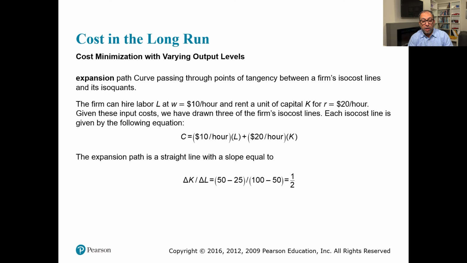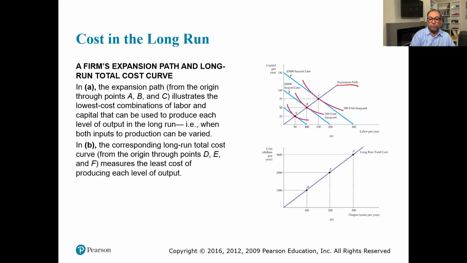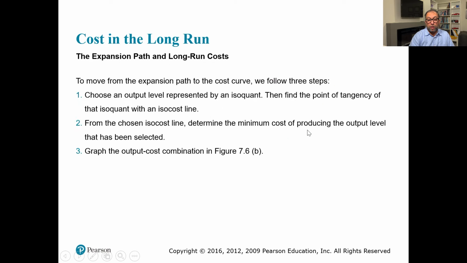So we can say delta K over delta L is 50 minus 25, and the expansion path is a straight line with a slope equal to half. That's the slope of the expansion path you see here. When we move from this point, 25 and 50, to this point, 50 and 100, that's what we're using here.